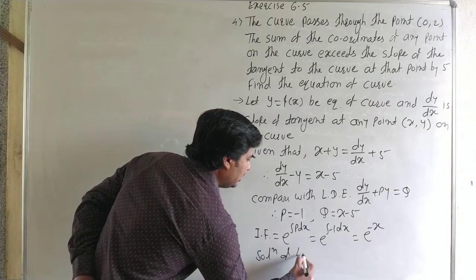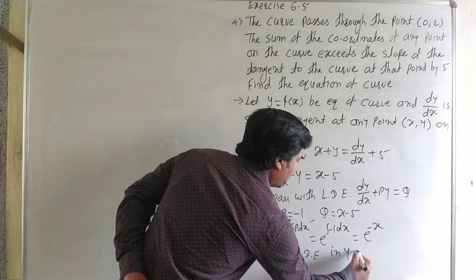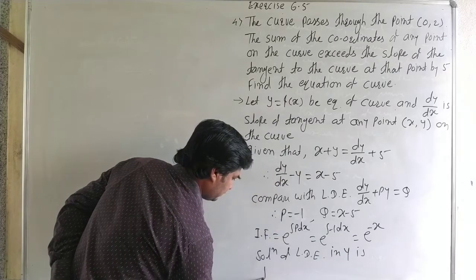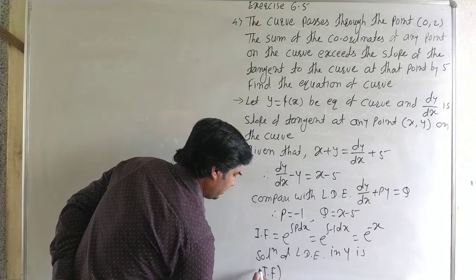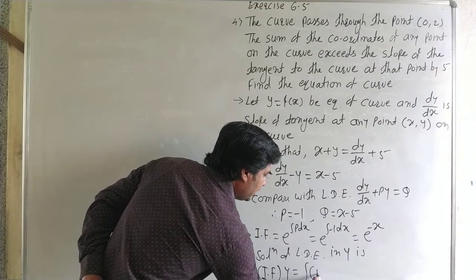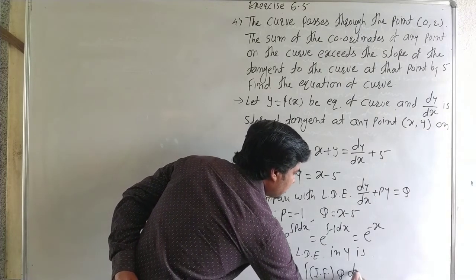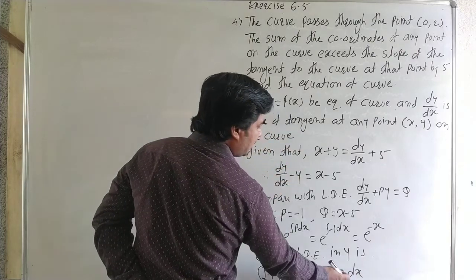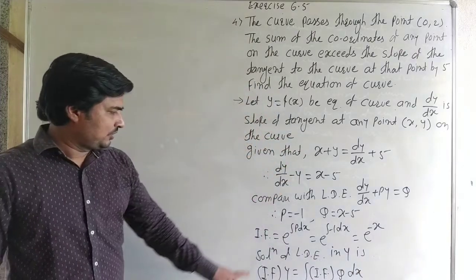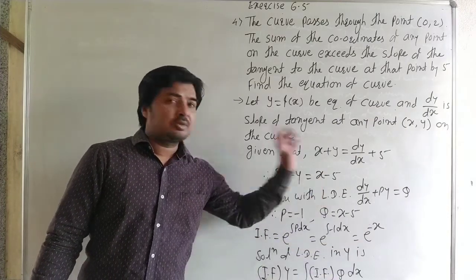The solution of a linear differential equation in y is integrating factor times y equals the integral of integrating factor times Q with respect to x. The integrating factor is e to the power -x, and Q is x - 5.